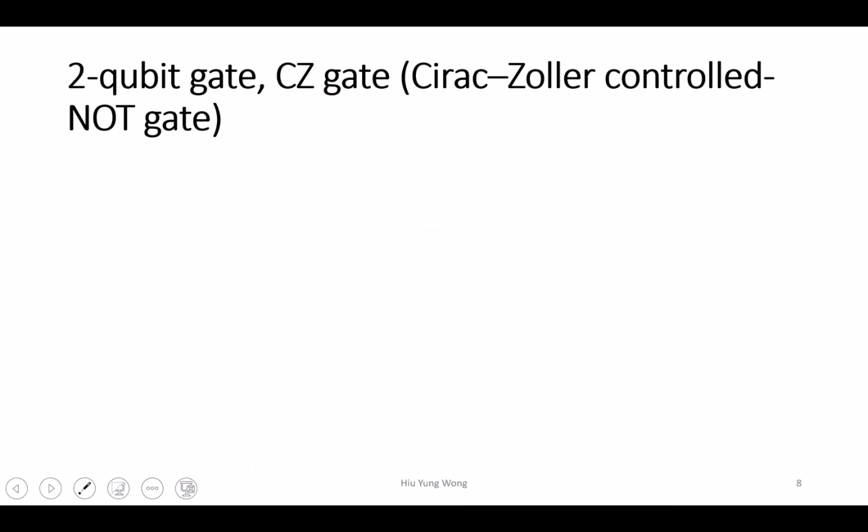Okay, so let's continue. You will see more. Now we go to step 2. What do we do now? In step 2, we are going to apply a 2 pi pulse. With a 2 pi pulse, you will just go from 0 to 1 and then back to 0, okay?